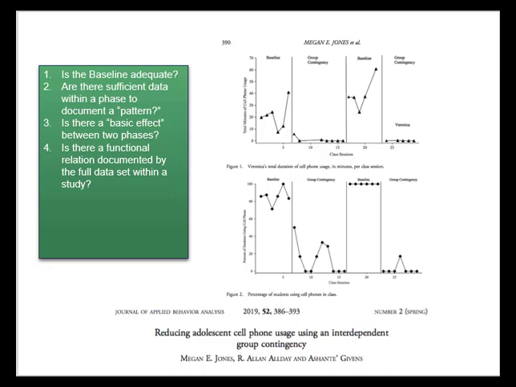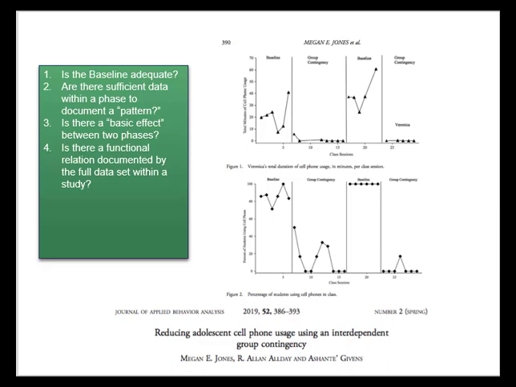Question 1, is the baseline adequate for the top graph for Veronica? There are more than 5 data points. The researchers end data collection on an outlier at a high value. We might not be able to accurately predict where that next data point would fall, but we can tell that data are not moving in a therapeutic direction.